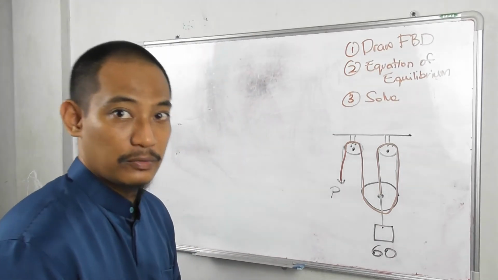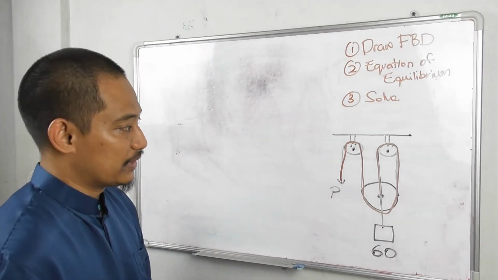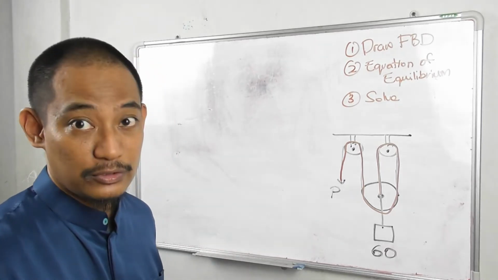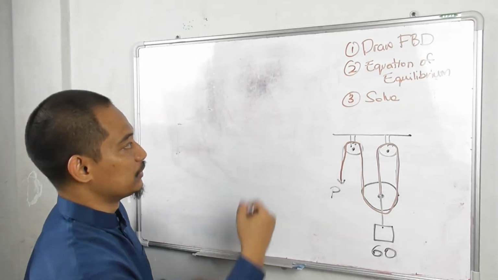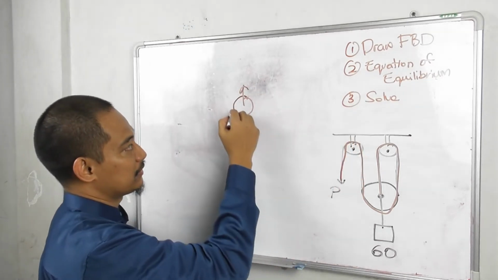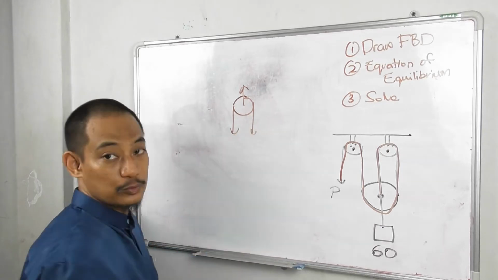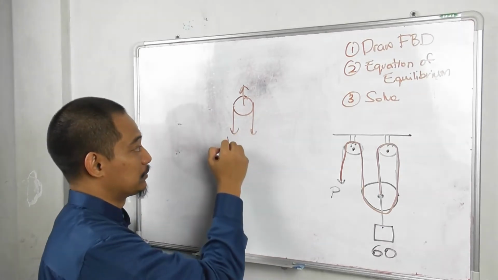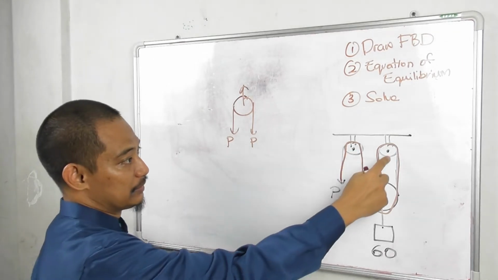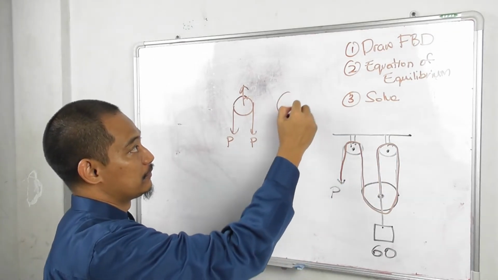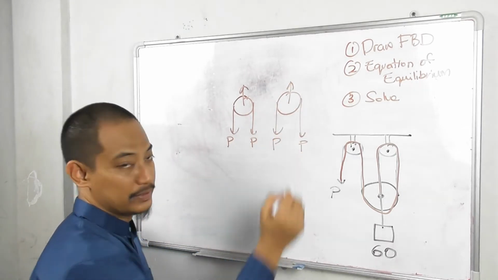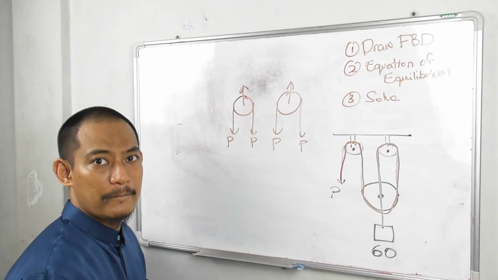So from there, when we draw the free body diagram, we can have three different free body diagrams actually, if you want to draw in total, right? For example, this pulley here, if you want to draw it, you have the force attached there, and then you have the two forces, which are P and P, right? Because it's the same cable. Similarly here, you have P and P here as well, right?